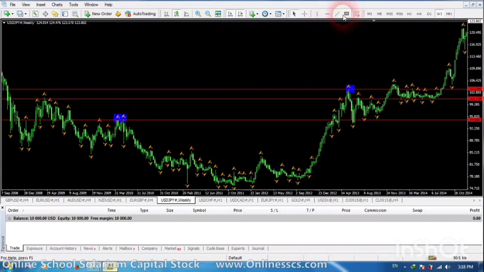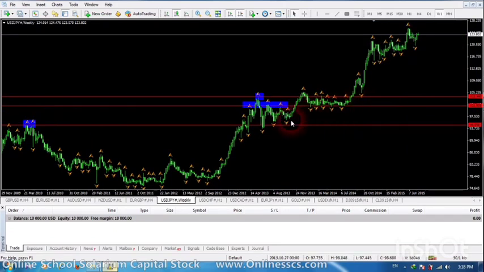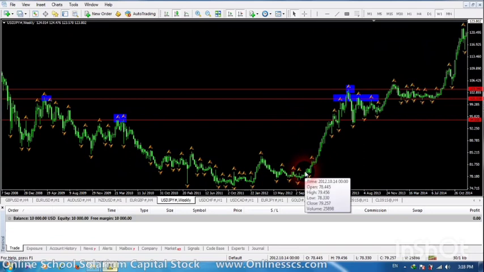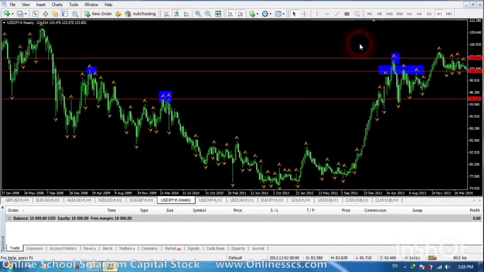So we've had swing highs here. Alright, so from here, the price has started an upward movement.